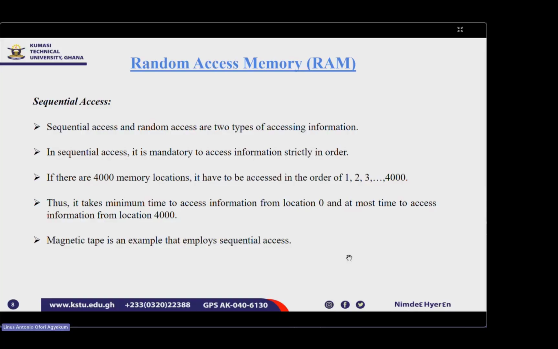So an example where sequential access is used is the magnetic tape, which allows for sequential access of data. So take note of this approach of accessing data. That is the sequential access of data within the RAM.